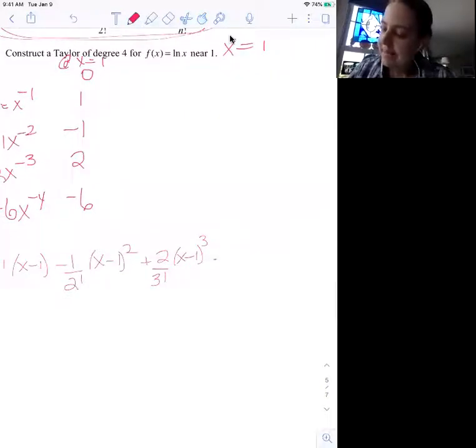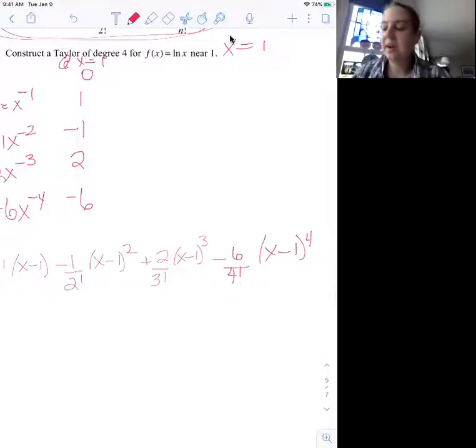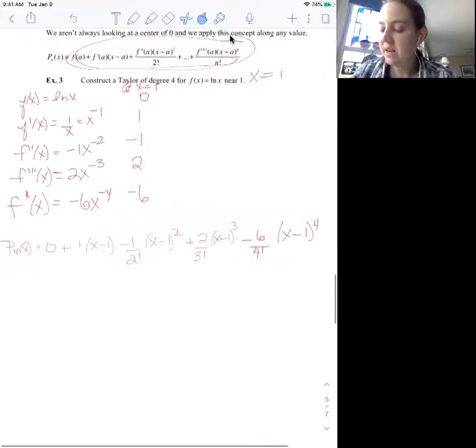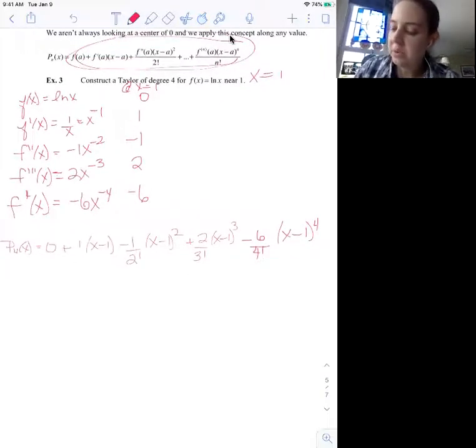Minus 6 over 4 factorial, x minus 1 to the 4th. So there's your 4th degree, but you want to ask yourself, can I clean this up a little bit? The answer is yes. Not even just the handwriting, but you want to clean up those factorials if you can.